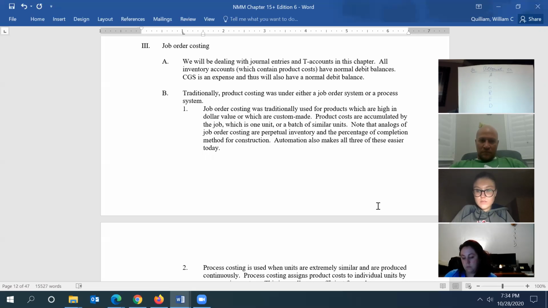So as we think about assets, which side increases an asset account? Debit or credit? Don't remember? Okay, it's a debit. So what I'm going to do is put a little plus sign on the debit side.